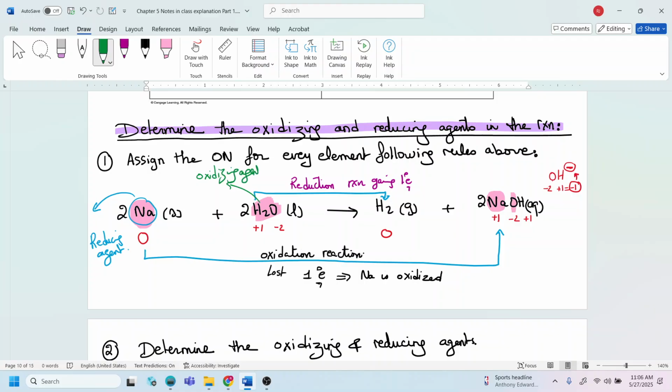Again, you look at your reaction and you see where is your reduction reaction. The reactant in the reduction is the oxidizing agent. You look at your oxidation half reaction and you look at the reactant in the oxidation reaction, and that reactant is going to be the reducing agent.